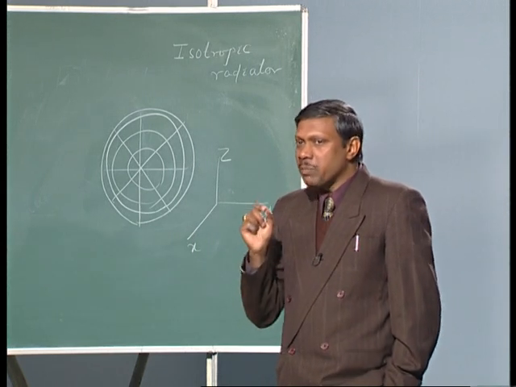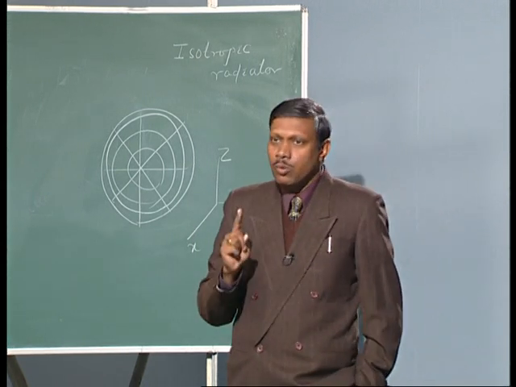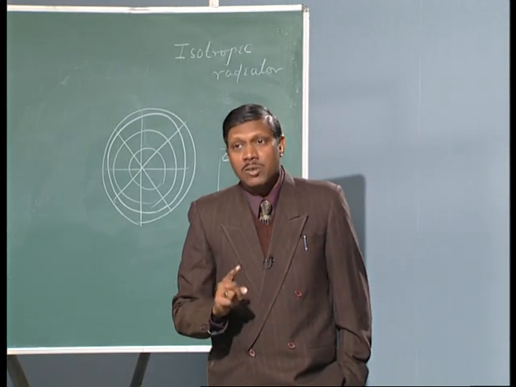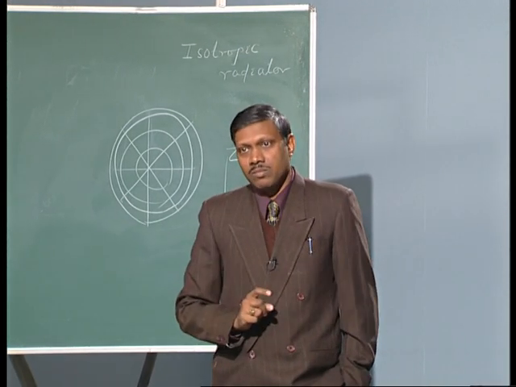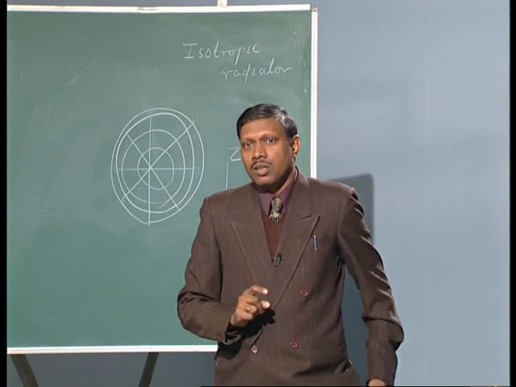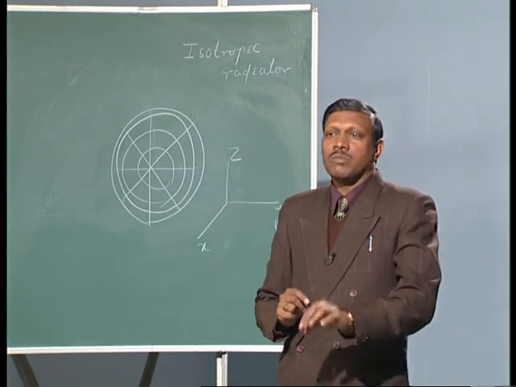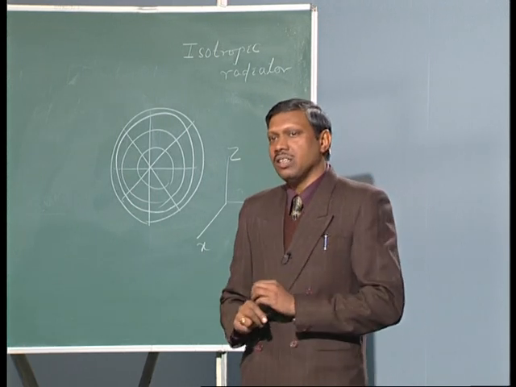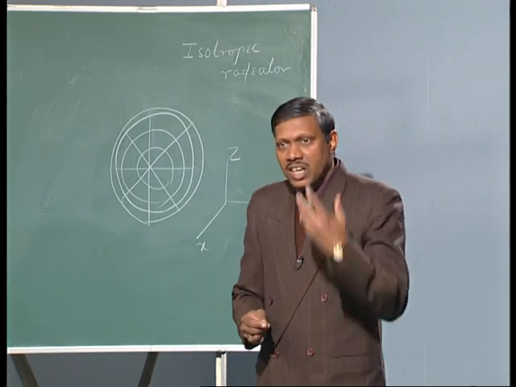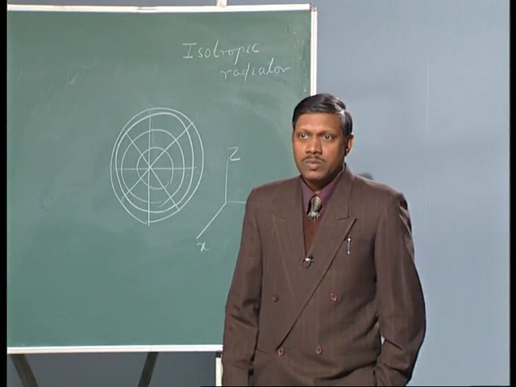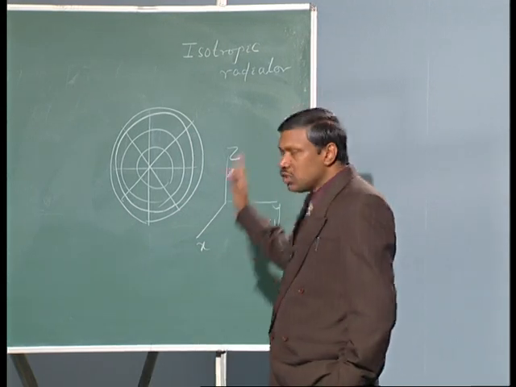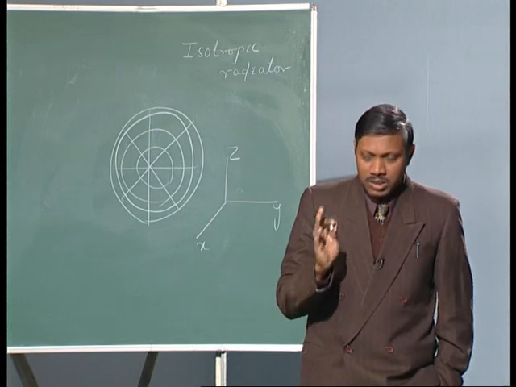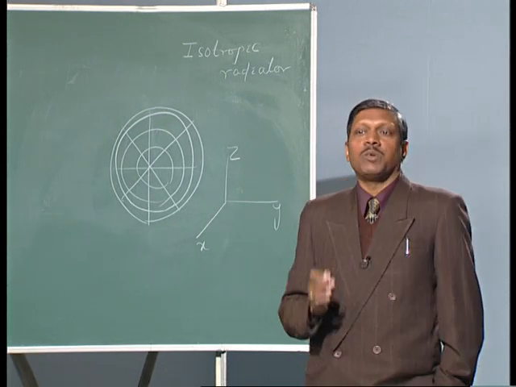because any practical antenna will come with a certain amount of finite conductivity. So, it will lead to a certain amount of directionality. That means, they will radiate the signal in a particular direction slightly more than the other directions. So, therefore, the isotropic radiator is a very hypothetical terminology, theoretically possible.